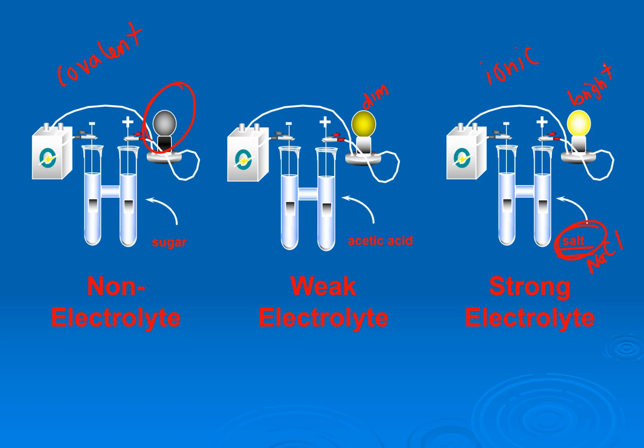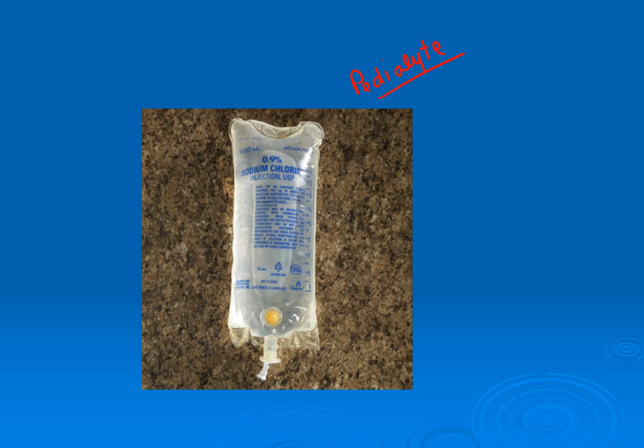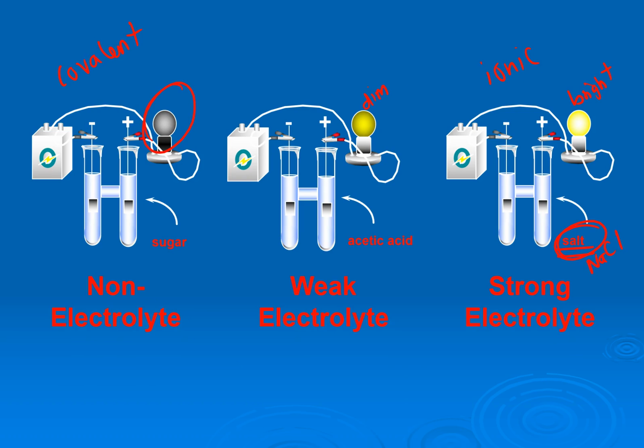The more ionic or salt-type substances you have in your solution, the brighter the light will be. Remember, all of these are solutes, and our solvent is water.